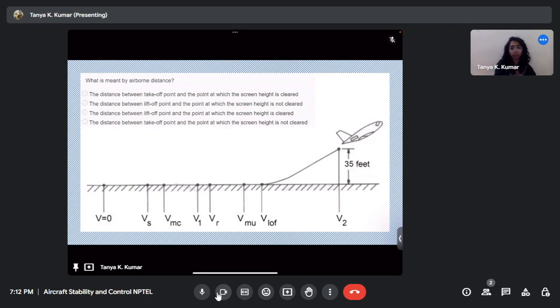Now let's look at the different speeds. It starts with V equal to 0. What is Vs? The first speed that it has to clear is Vs. Vs is stall speed, right? Stall speed. So the velocity has to be higher than the stall speed. Next, what is stall?